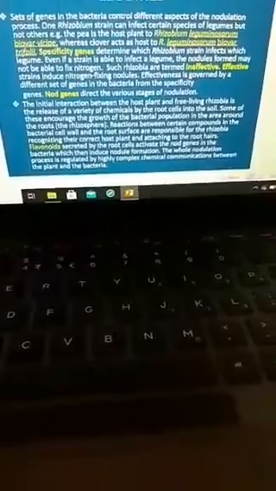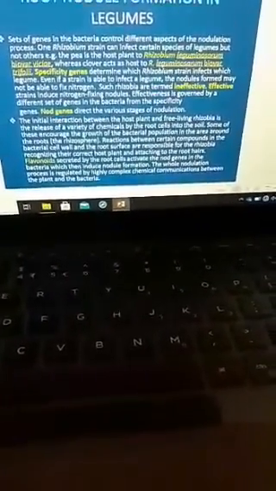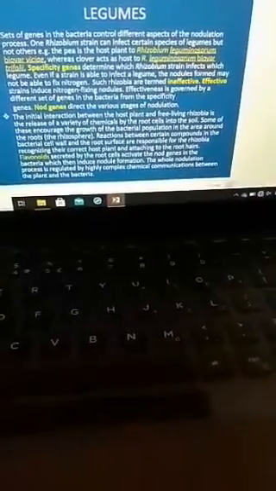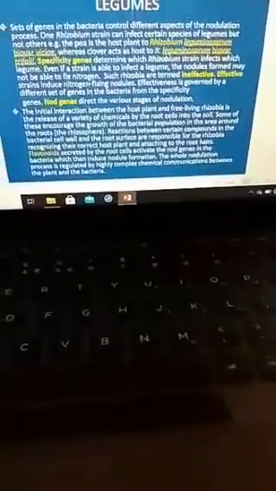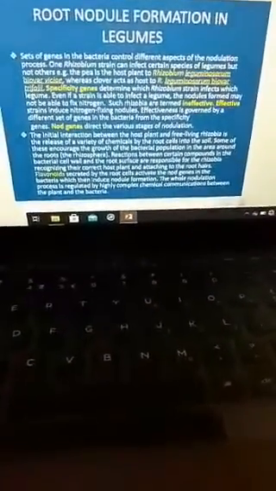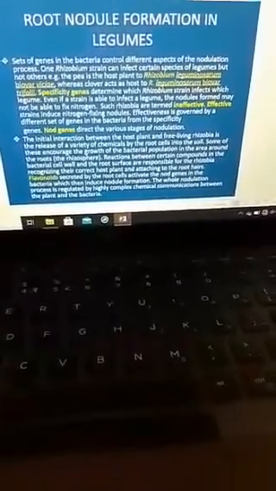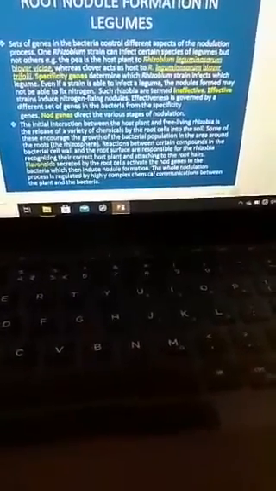So basically, there are certain genes within the bacteria which determine specificity, which will direct which strain of a Rhizobium is going to infect which legume plant. Most of the plants that fix nitrogen are generally, I think most of them are legumes.